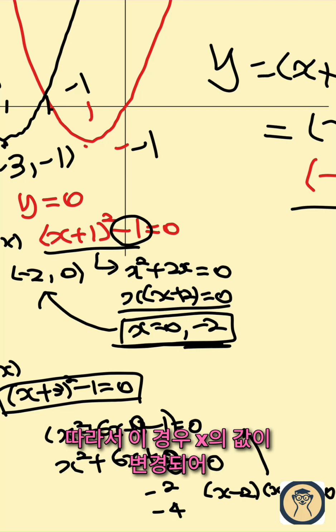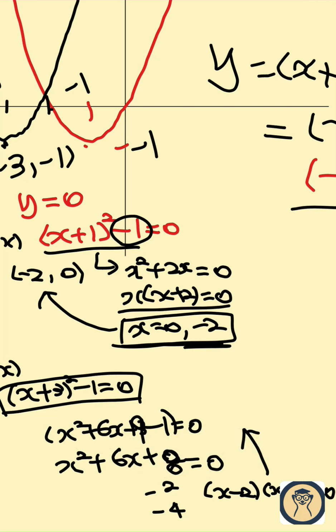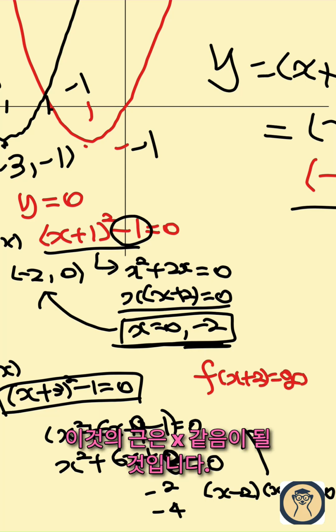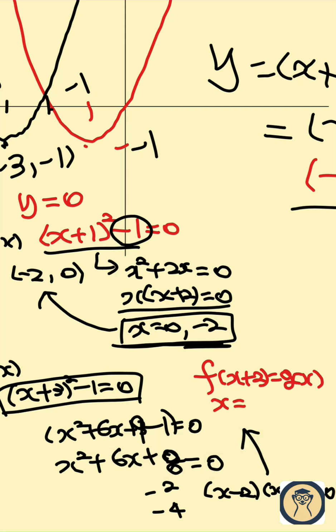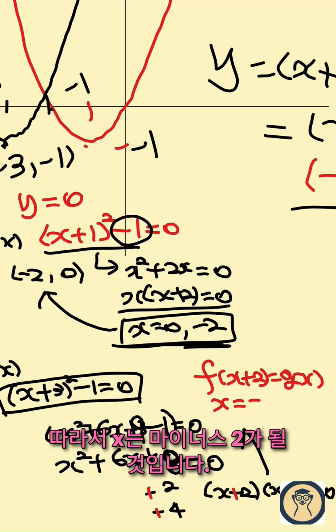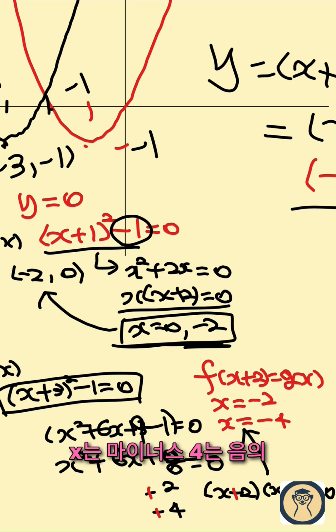Okay, so in this case, the values of x have been changed. For f of x plus 2, or g of x, the roots are going to be x equals, that was my mistake, I think. So it is going to be x equals negative 2 and x equals negative 4.